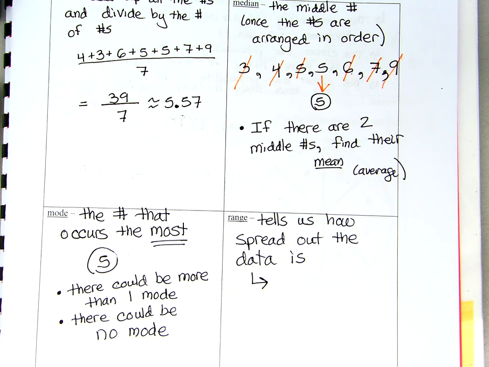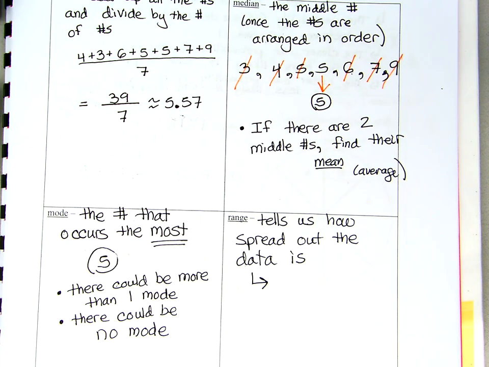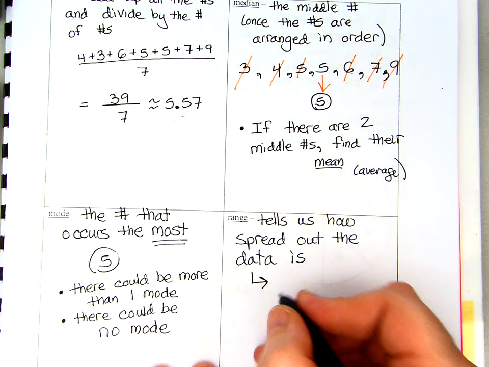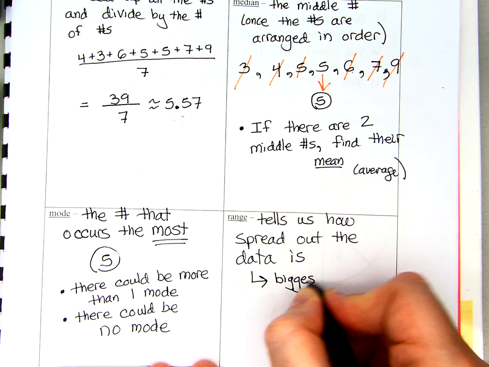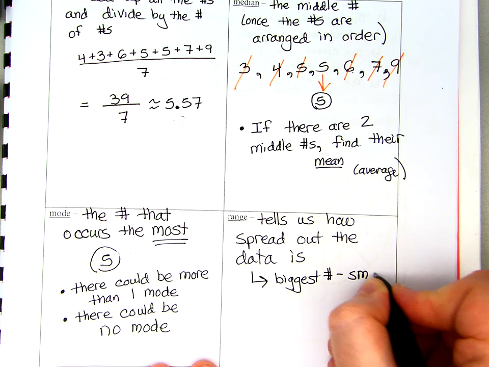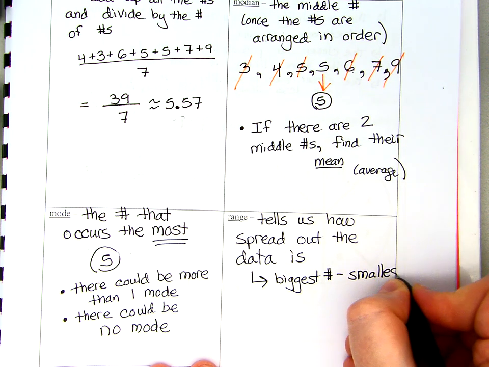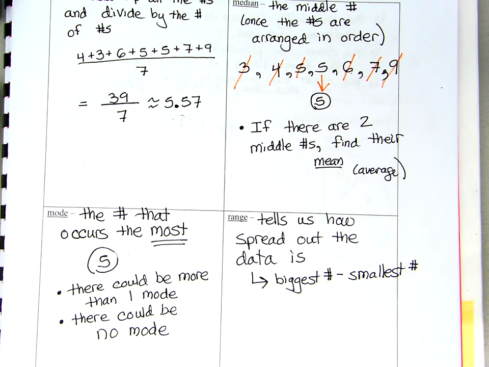To find the range, well, my numbers look like they're going from a lowest of 3 up to a highest of 9. I'm going to do a subtraction problem. I'm going to do the biggest number minus the smallest number. The range is the biggest number minus the smallest number.